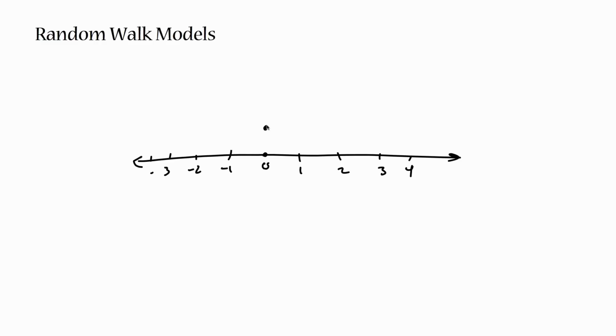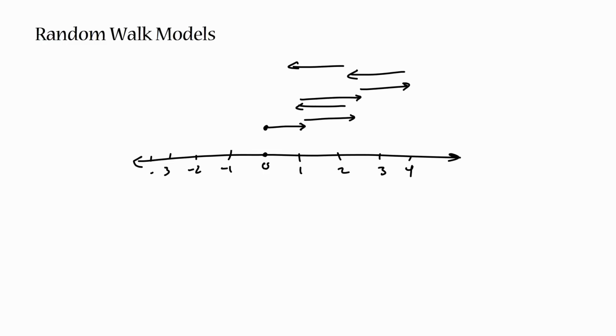And as I flip coins, I'll go right 1 step sometimes, I'll go right again, then I'll go back, then I'll go that way, and then maybe I'll get some more tails. And the process will move around randomly. A lot like genetic drift.